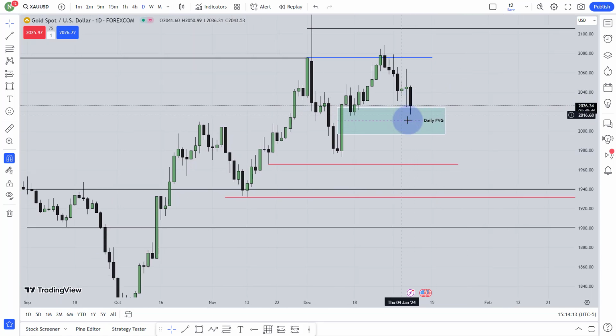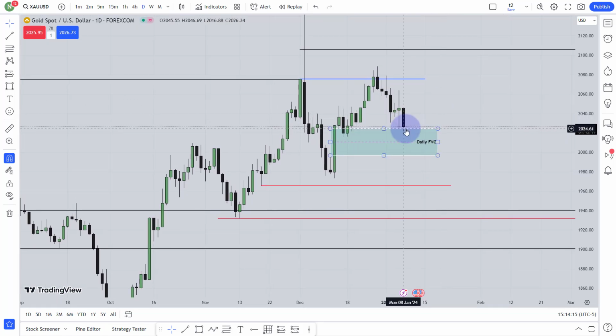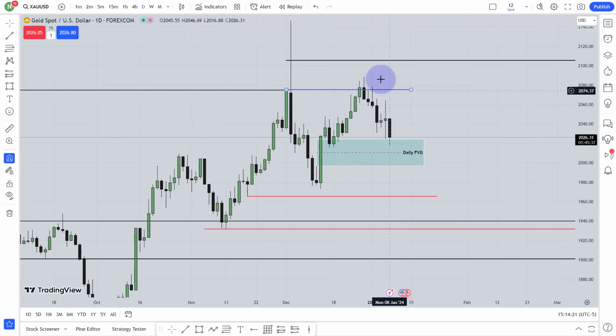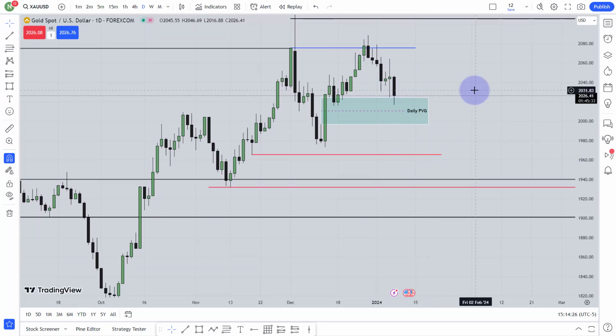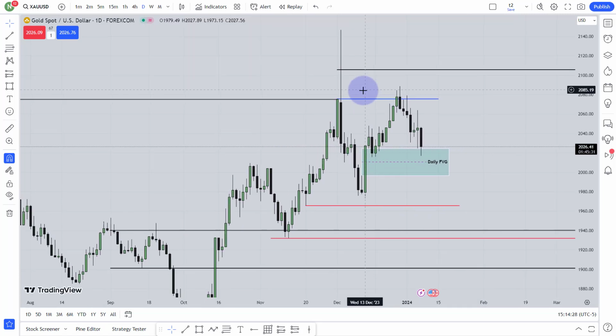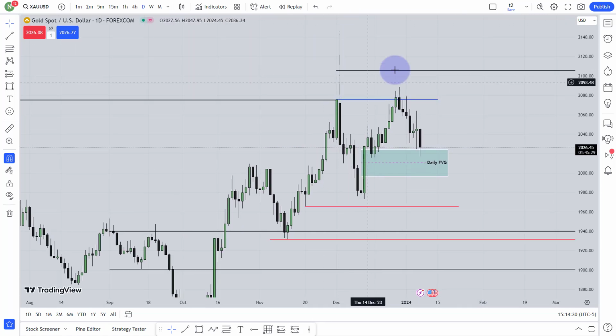Now, when price comes here to the last daily fair value gap, it can do some kind of retracement. Okay, if it would love to go higher, don't think it is going higher until this high is broken. You have to think about the lower one, because from the very high time frame, from the yearly chart, you have seen it has taken the buy side liquidity by that specific week. It has taken all of the buy side liquidity over there.